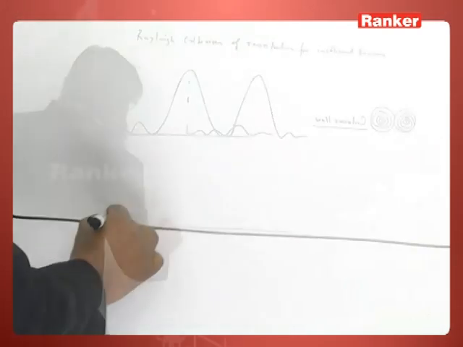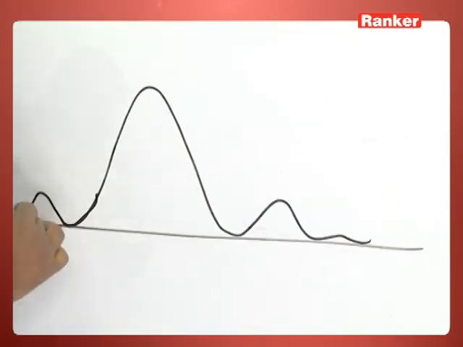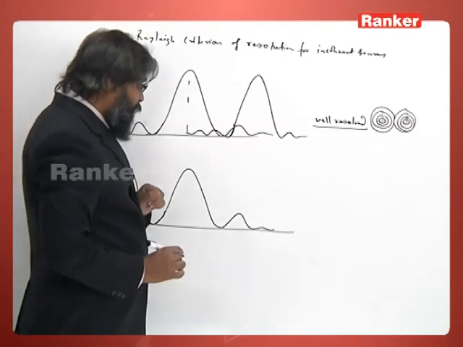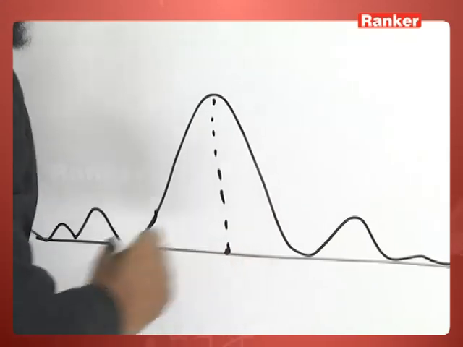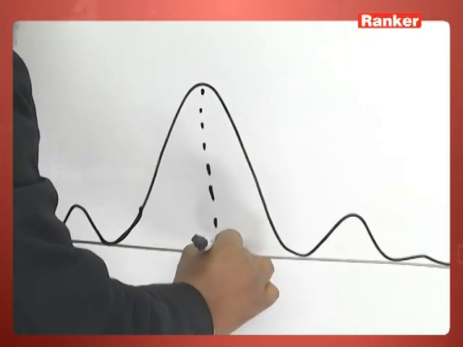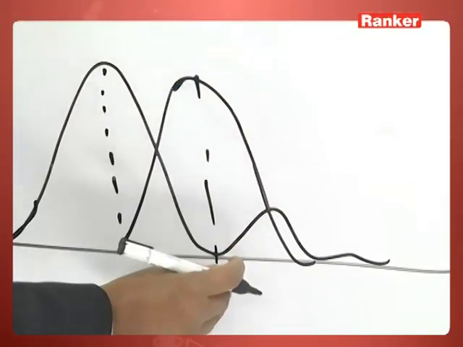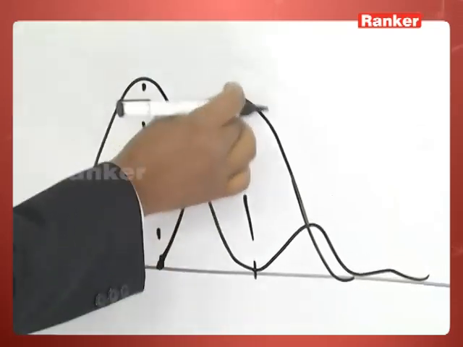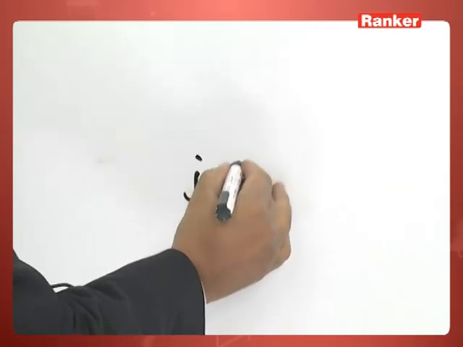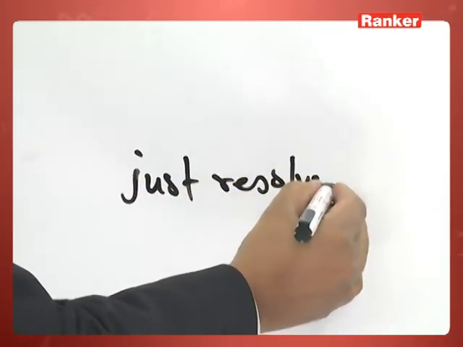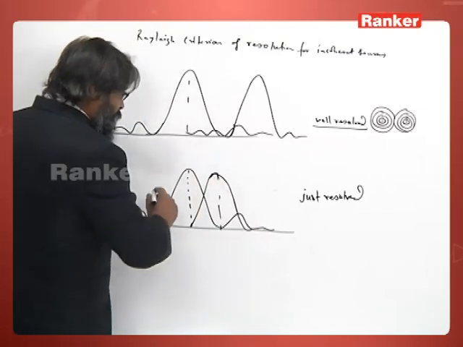Critically resolved. So this is the diffraction pattern of the first point source. This is the central maxima, and when the central maxima of this coincides with this minima and its maxima with this minima, they are just resolved. So when they are just resolved, this is the shape.